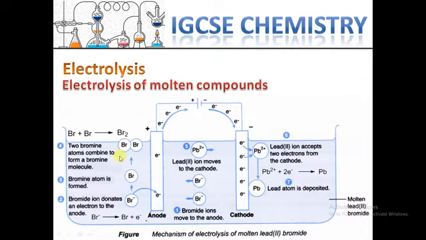Okay, the molecule form of bromine. So bromine is a gas. So when two bromine atoms combine together, they form a bromine molecule. The bromine molecule is in gas form, and then it can be released from the place.